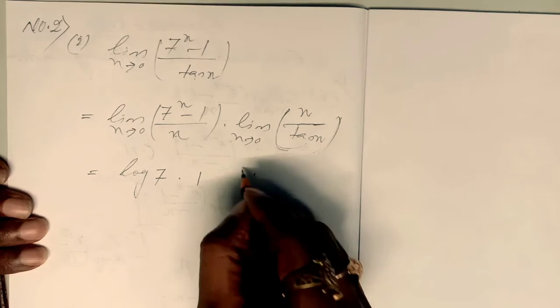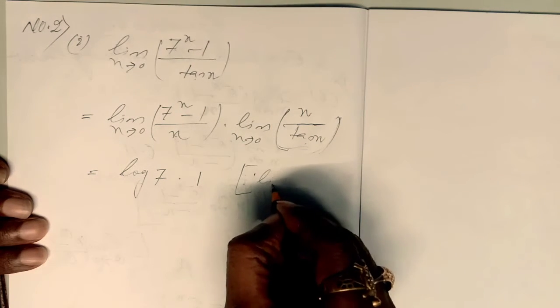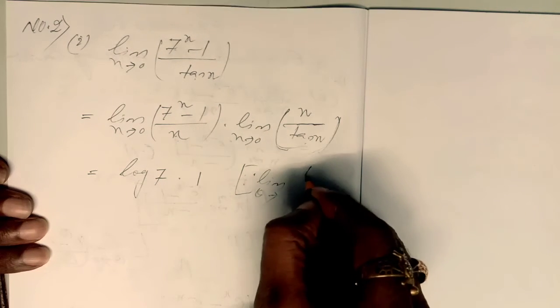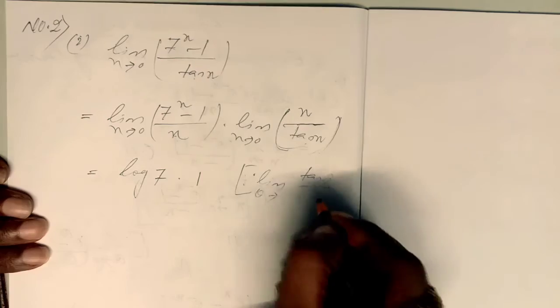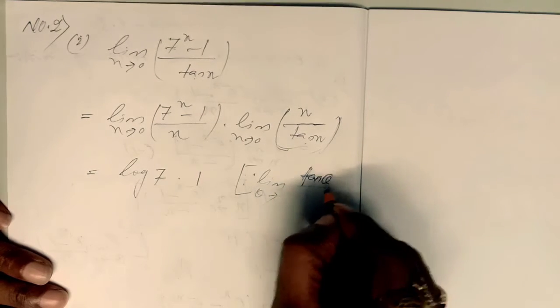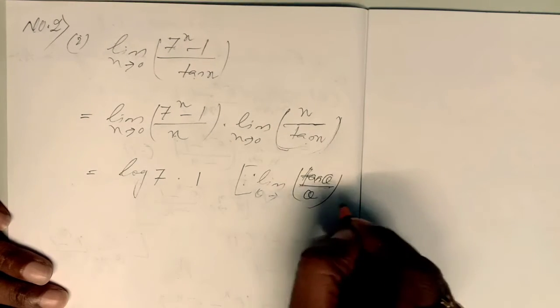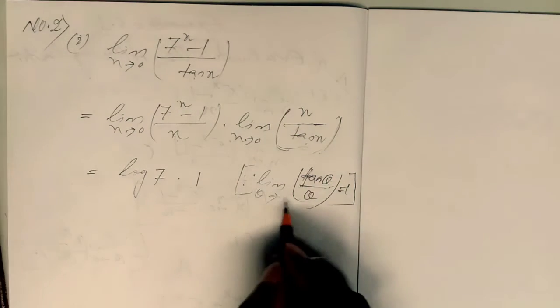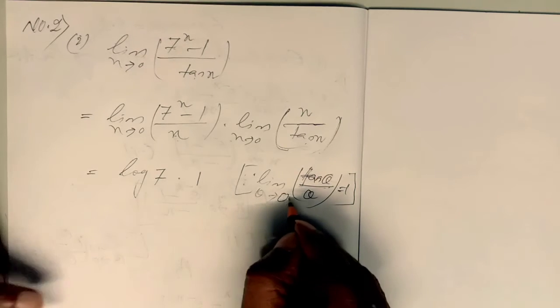Since I am writing the formula here: limit theta tends to 0, tan theta by theta. What will tan theta by theta be?